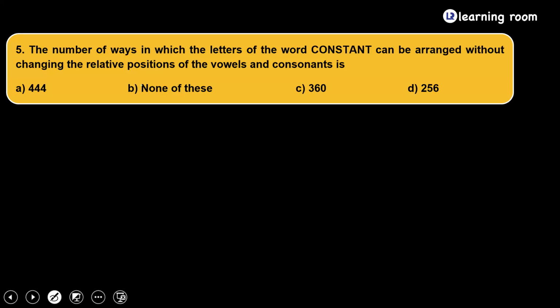So what do you mean by relative positions? Vowels position can be changed among themselves, but their position with respect to that word should be at the same point. That is the twist.